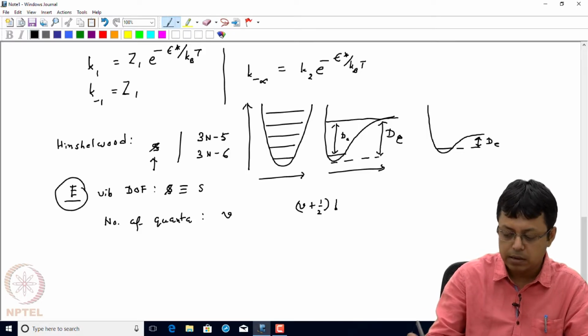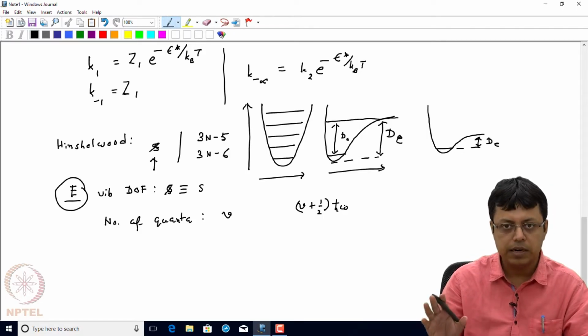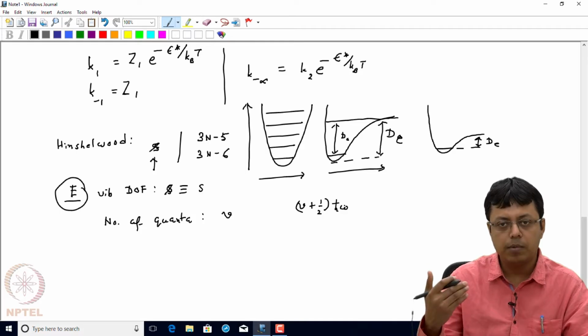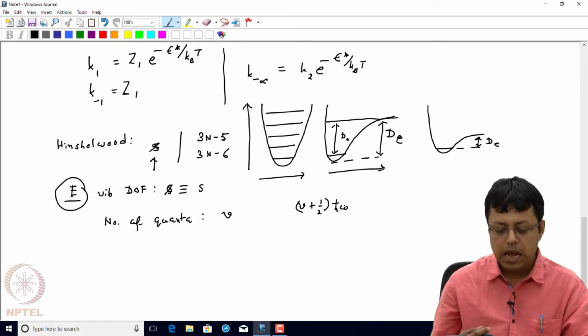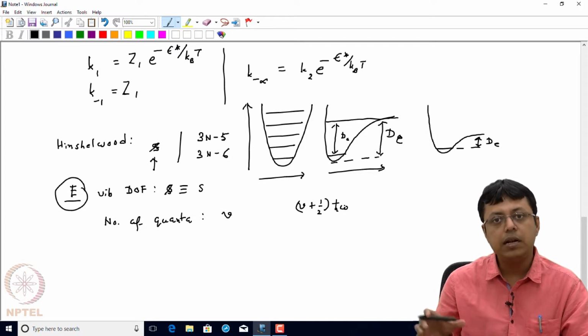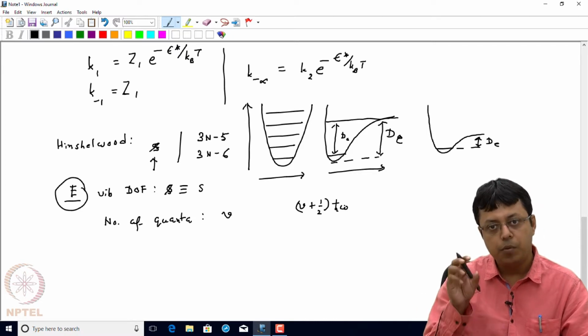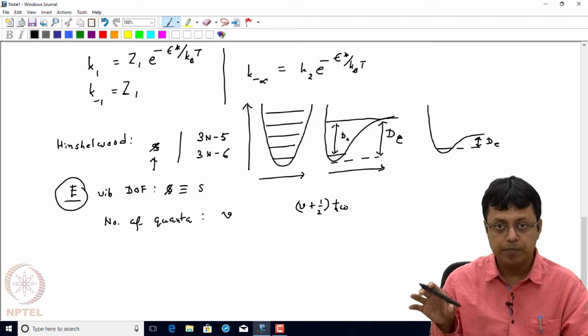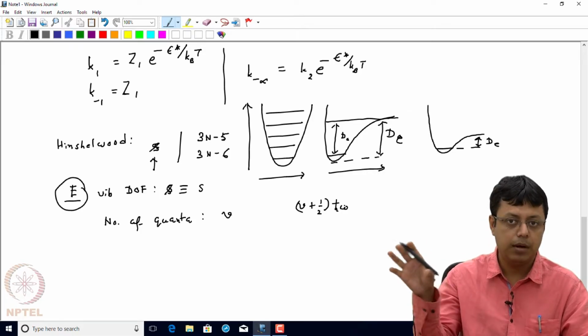So suppose I have a total number of quanta V, and total vibrational degrees of freedom S. Now the question is, how many different ways can I put these V quanta in S harmonic oscillators?